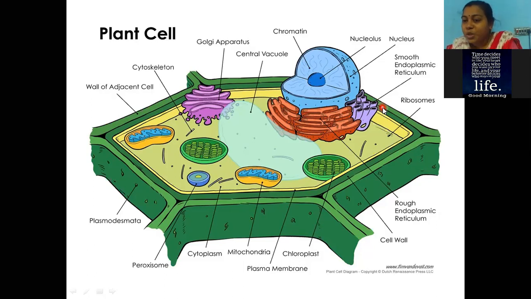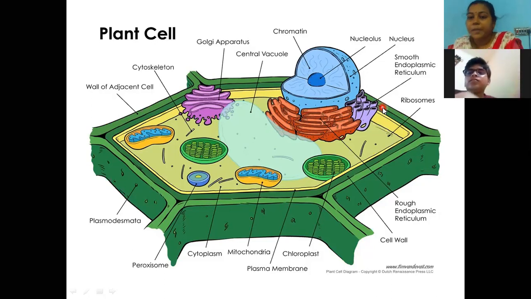For the transport of all these substances, a channel is required. That channel is the endoplasmic reticulum. I hope you are getting my point. Cisternae are the spaces within the folds of the ER membrane. It is connected to both the outer nuclear membrane and the plasma membrane.